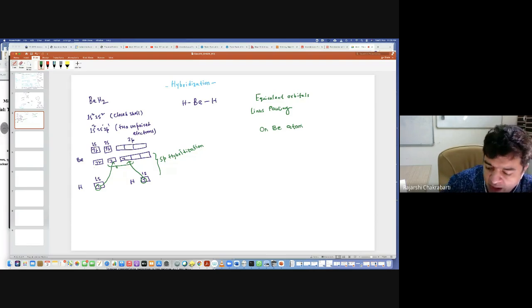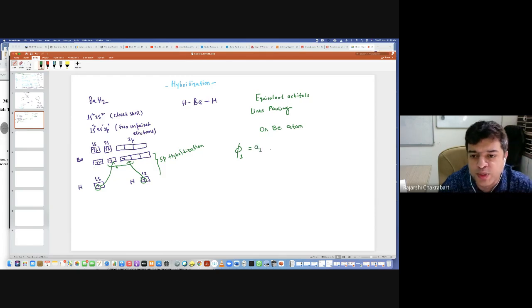Okay, and how are you going to write this? This is very obvious, no? I can have two orbitals: phi 1 is the first hybrid orbital, which is a linear combination of 2s and 2p. Can I write it like this?